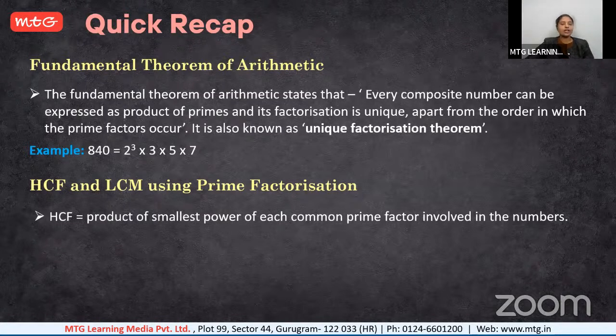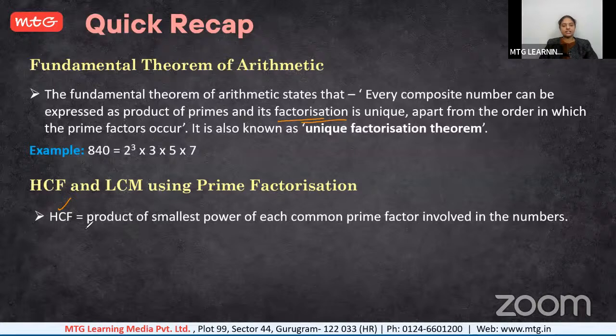So when you talk about HCF, using this concept of prime factorization which we have just learned, we can define HCF as the product of the smallest powers of each common prime factor in the numbers.